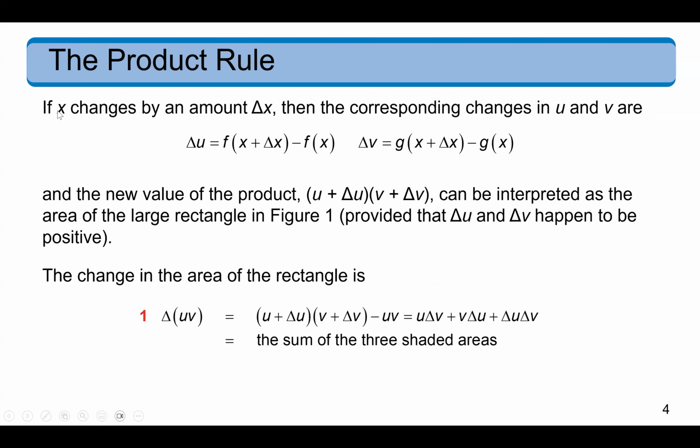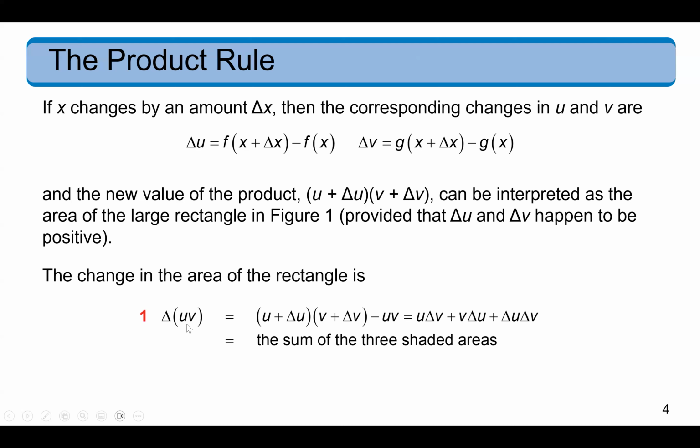So here, if x changes by an amount dx, then the corresponding changes in u and v are the following. So du will give us f of x plus dx minus f of x. And also dv will give us g of x plus dx minus g of x.